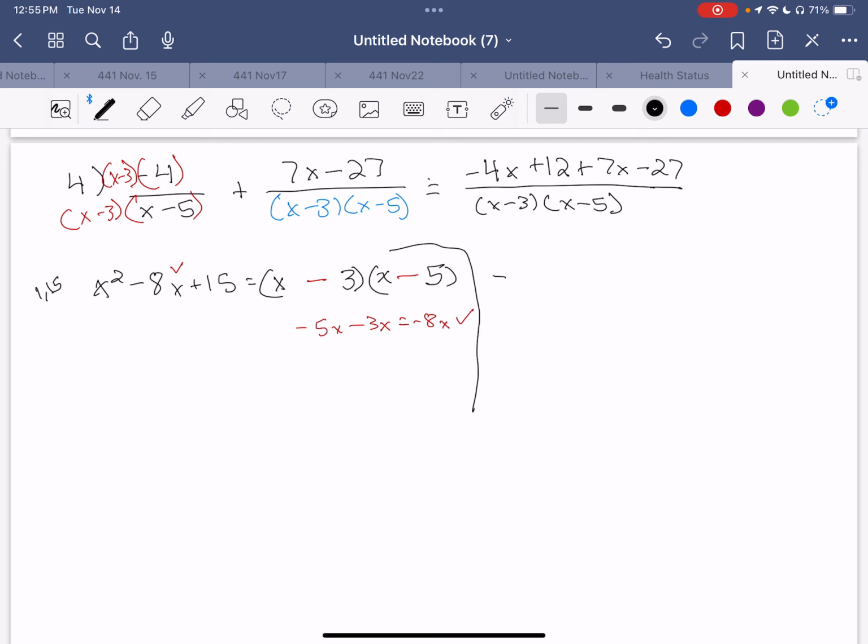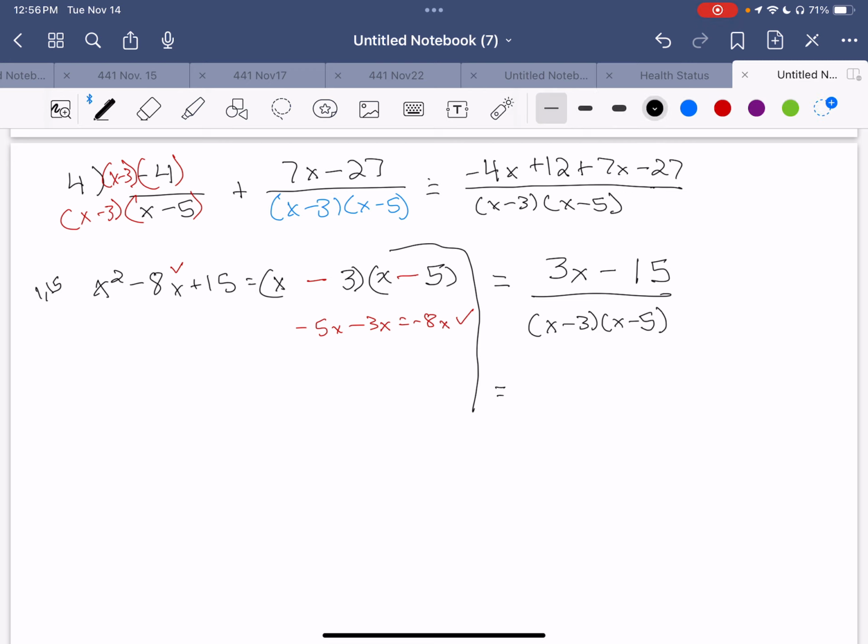So the numerator, I'm combining like terms. Negative 4x plus 7x gives me 3x. 12 minus 27 is negative 15. Like the last one, we want to take out a common factor if we have one.